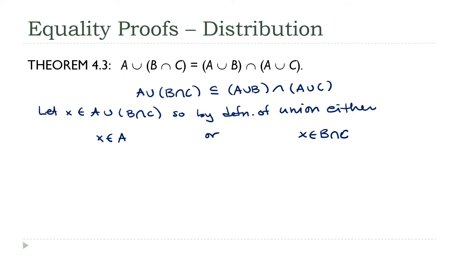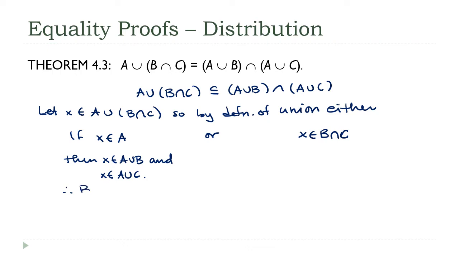All right, well, let's follow the implications of this then, right? If X is an element of A, then X is an element of the union of A and B, and X is an element of the union of A and C. That's the definition of union. If X is in one of those sets, then it's in the union.